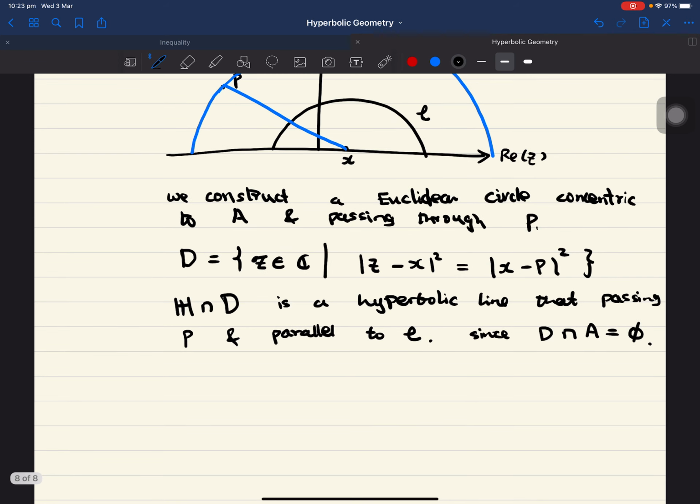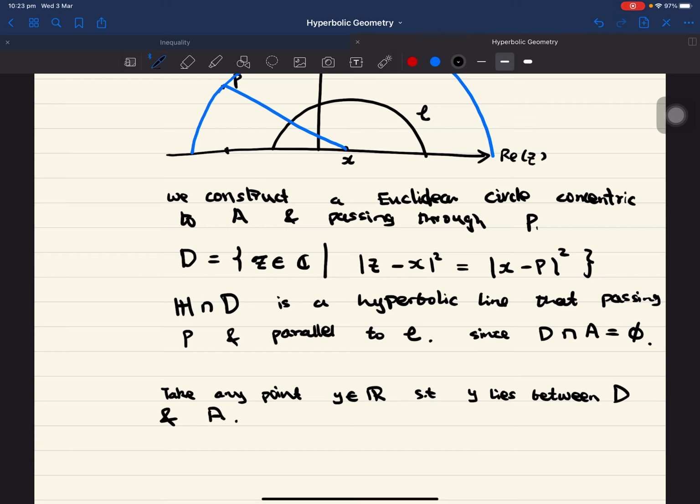Now we want to construct a second hyperbolic line passing through P and parallel to L, and we take any point Y on R such that Y lies between D and A.